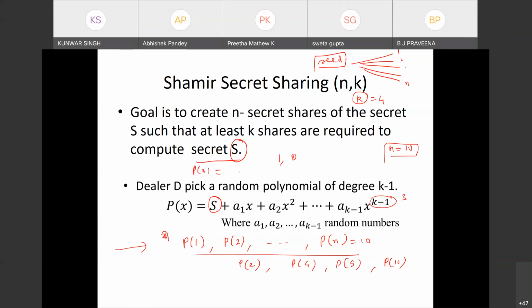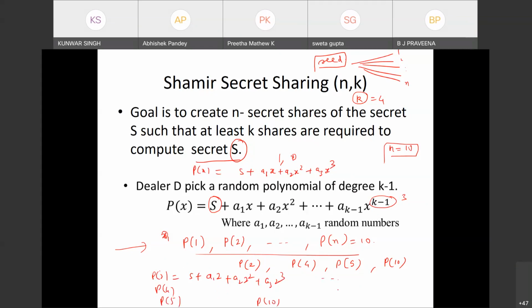P(x) is S plus A1 x plus A2 x square plus A3 x cube. So P2, at x equal to 2, is S plus A1 times 2 plus A2 times 2 square plus A3 times 2 cube. Then similarly P4, P5, and P10.